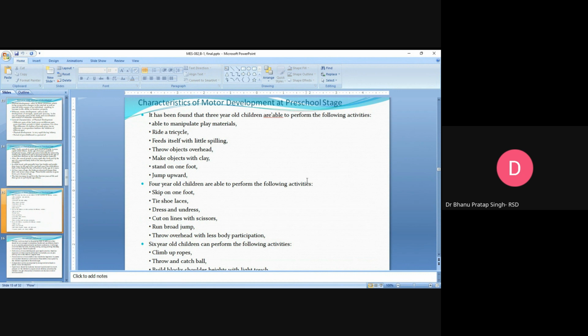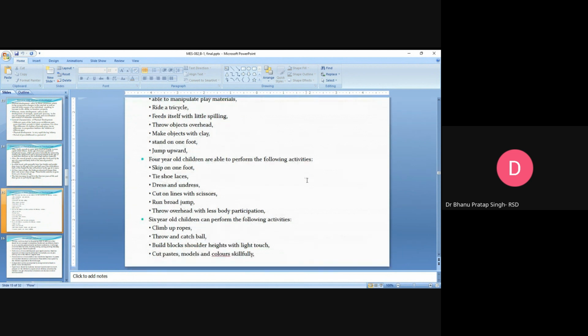So these are some basic observations by the researchers and by the psychologists. 6-year-old students should perform the following: climb ropes, throw and catch a ball, build blocks at shoulder height, cut, paste, model, and color skillfully. So these are the skills as per age given by the educators and researchers who are involved in the human development of the child.